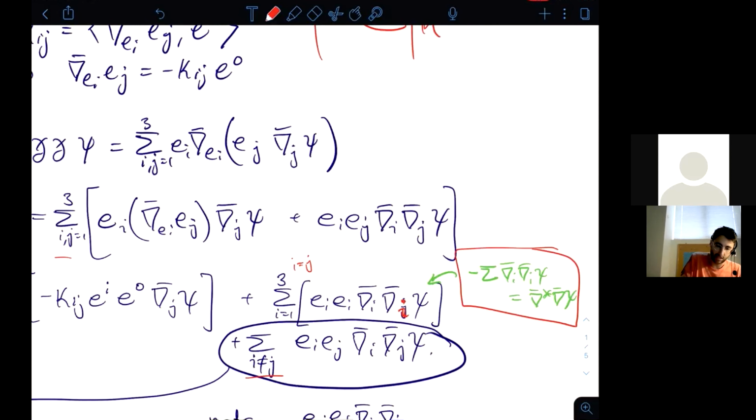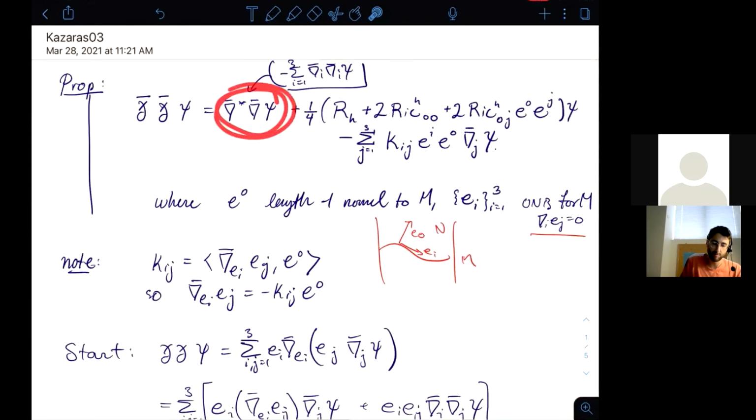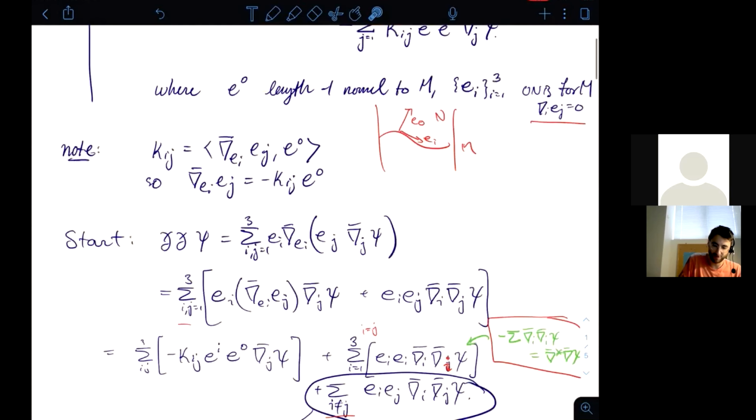So this is exactly the rough Laplacian term, this term here. Because if you pick up a minus sign from this Clifford multiplication, that is exactly that.